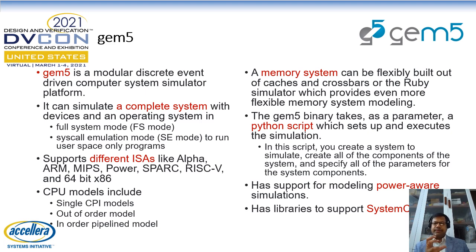And because SystemC also has very wide acceptance in the industry, and a lot of people want to do gem5 SystemC co-simulation, gem5 has libraries which allow the gem5 simulation to run on top of the SystemC event-driven core engine, as well as talk to SystemC TLM sockets. So it has all these helpful library support as well.